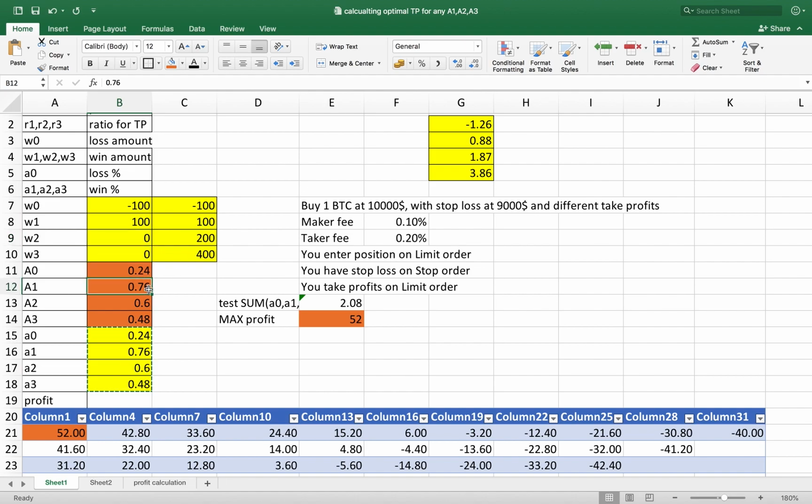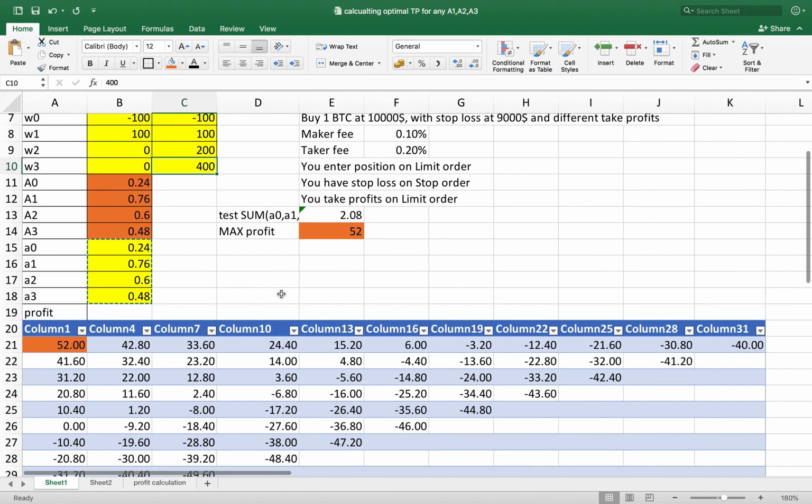I will get to 76%. 76% of the time, I will go to 1-to-1 ratio. 60% of the time, I would go to 1-to-2 ratio. So I would win 200, but I would lose 100 if I lose. And 48% of the time, I would actually win 4-to-1, which is just amazing to have a strategy like that.